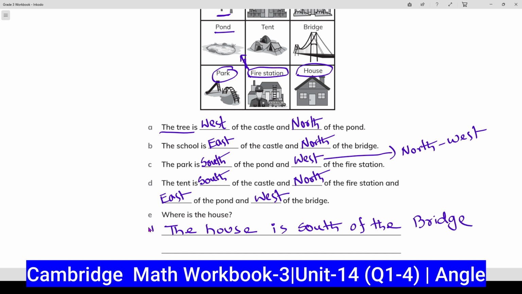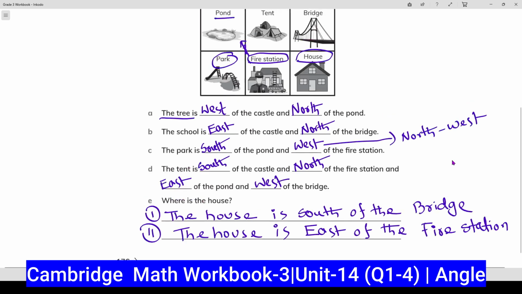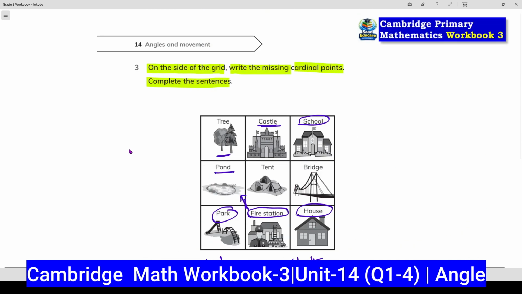Okay, one thing also we can say, the house is east of the fire station, right? Done. So question 3 done.